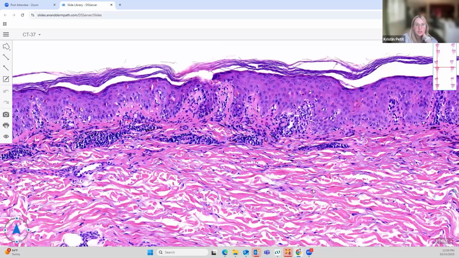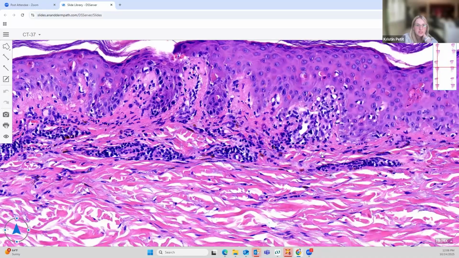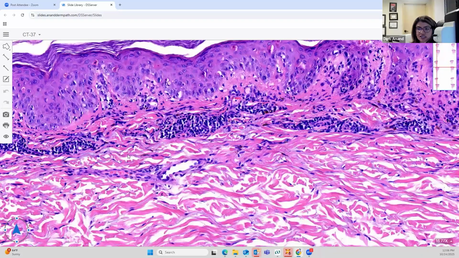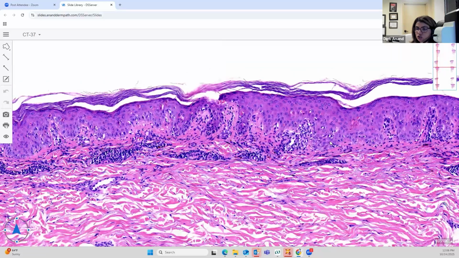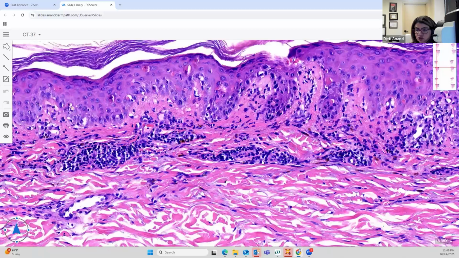Looks like a vacuolar interface dermatitis with some dead keratinocytes in the epidermis and some pigment incontinence surrounding the perivasculature. So it looks like fixed drug. Yes, this is again a beautiful example of acute interface dermatitis with an intact stratum corneum. Again, going back to our differential for an acute interface dermatitis, and there is nice pigment dropout.